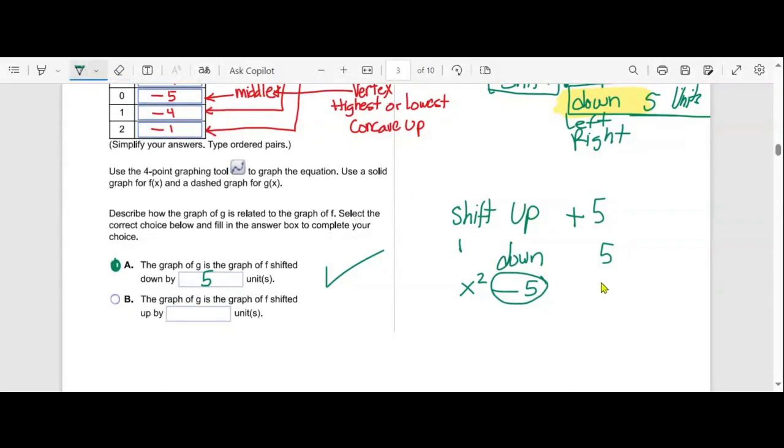You just say shift down 5 units. Why? Because down is already considered for the negative side. So here you don't write negative because it's already written down. Is this clear or not clear?